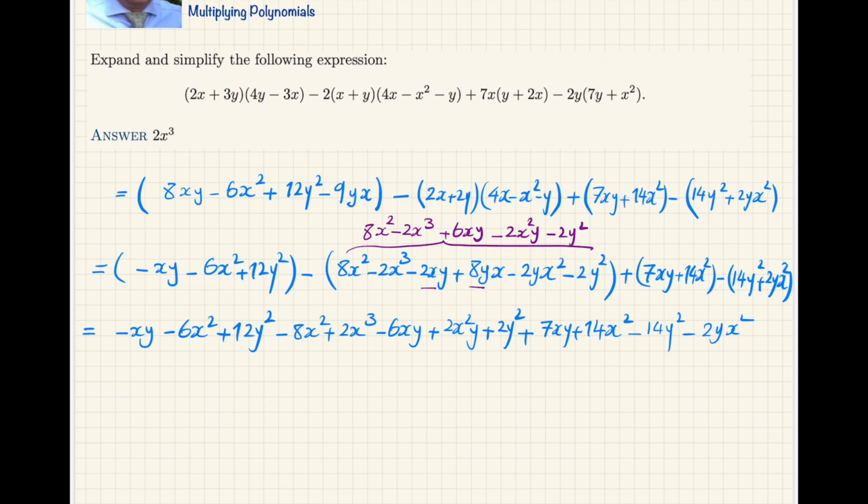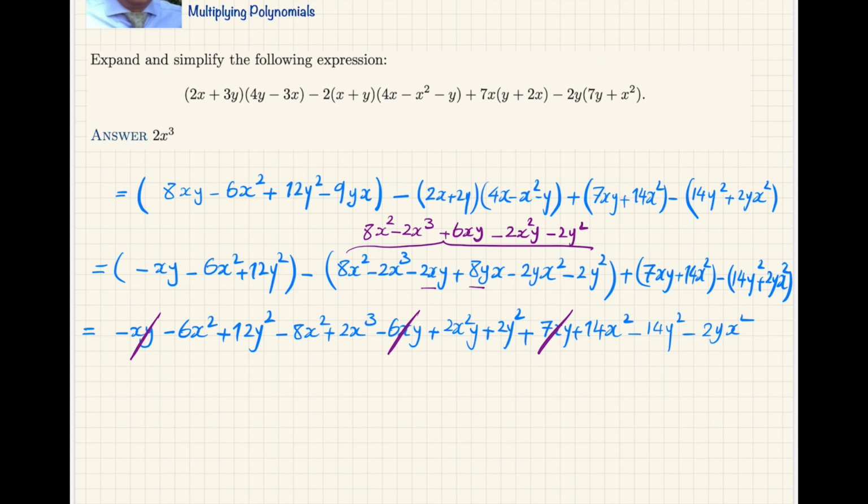Now I need to find similar terms, okay? But here you see that this one and this one are similar, so it becomes negative 7xy. But I have a positive 7xy here. They are similar and opposite, so they will be completely cancelled out, yes? So this term and that term and that term are gone.